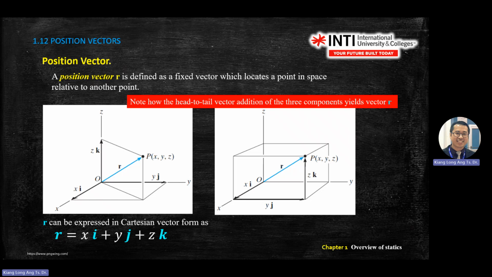You cannot change the arrowhead, but you need to assemble them so that they reach point P. So you put x first, continue with y, then continue with z. These two diagrams actually mean the same thing.